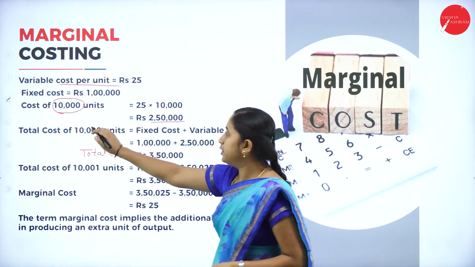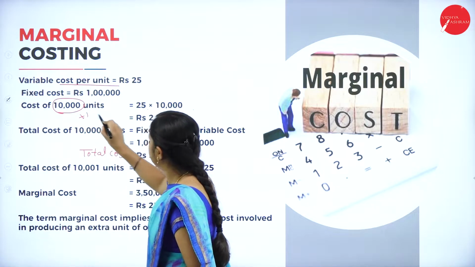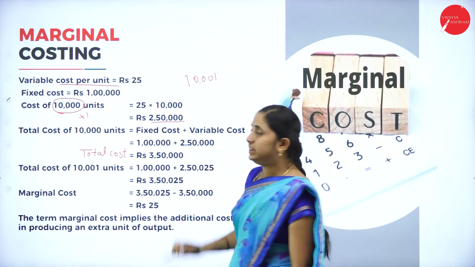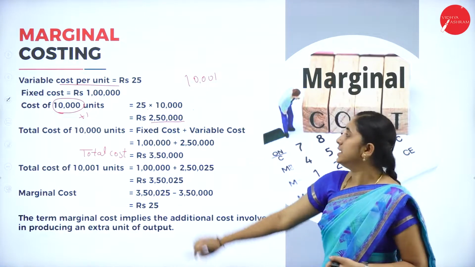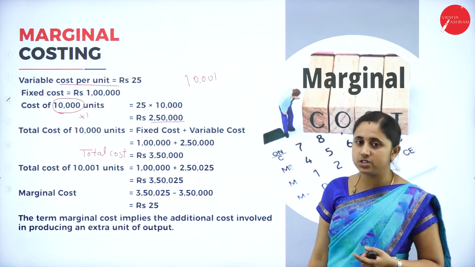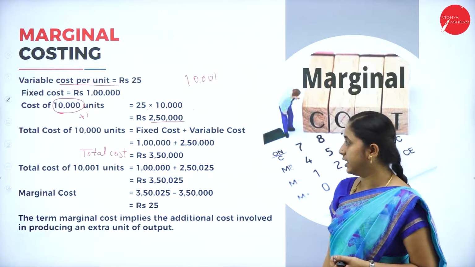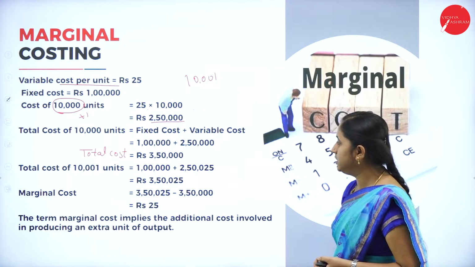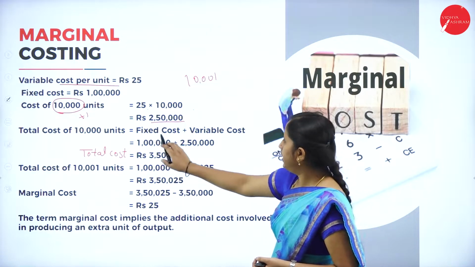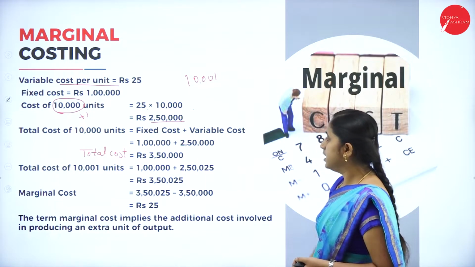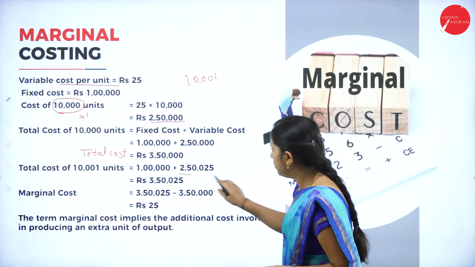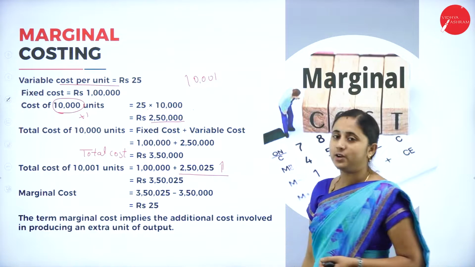If the total number of units is increased by 1, that means 10,001. To produce the 10,001 units, how much total cost is incurred? To calculate the total cost of 10,001 units, you need to add fixed cost plus variable cost. Here fixed cost is 1 lakh. Variable cost will increase by 25 rupees.